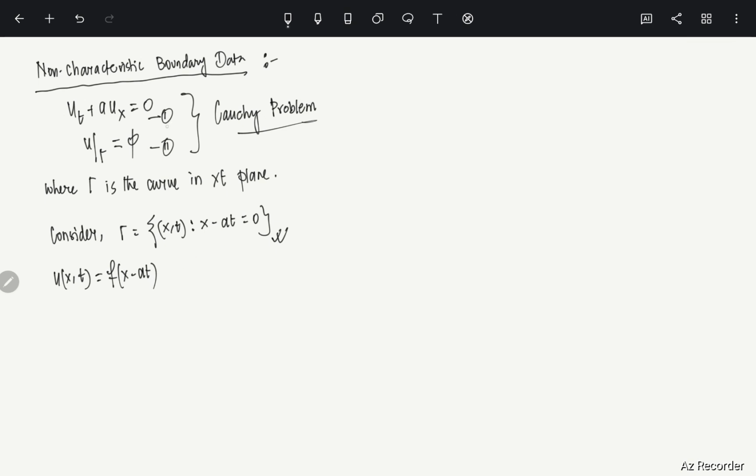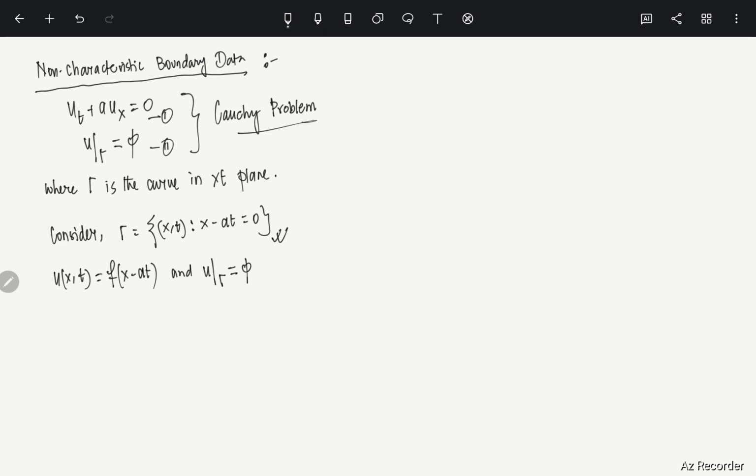This is just by solving 1. Now if you want to use the second part, u restricted to gamma is phi.